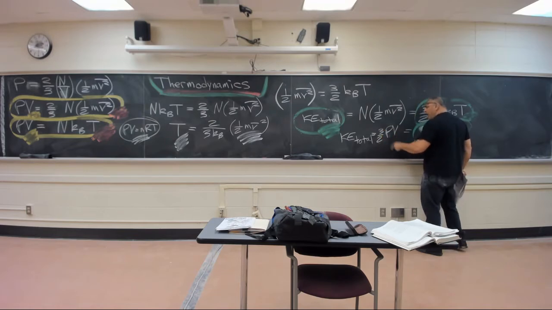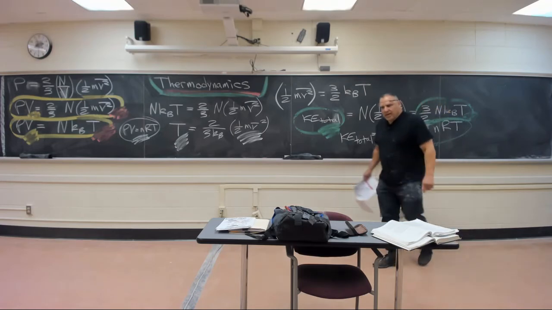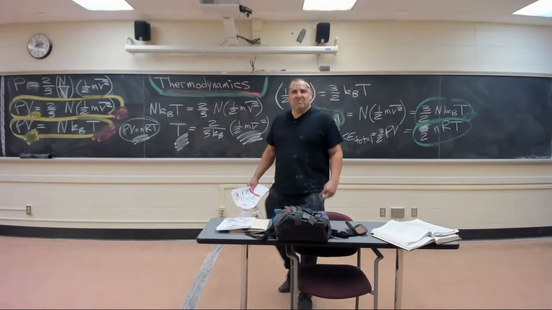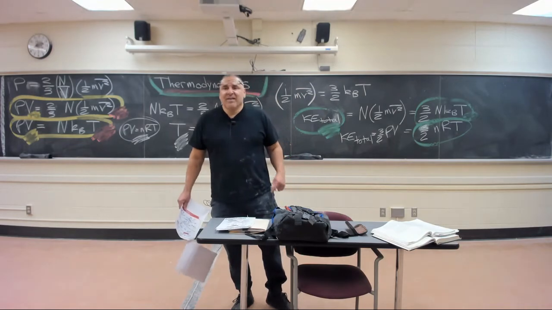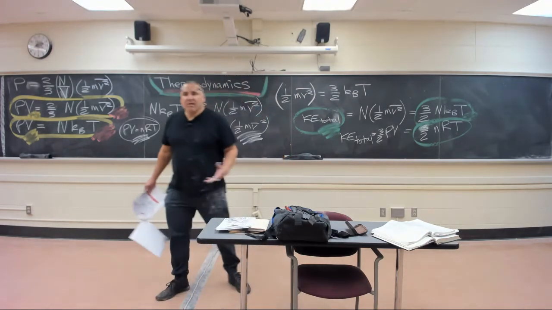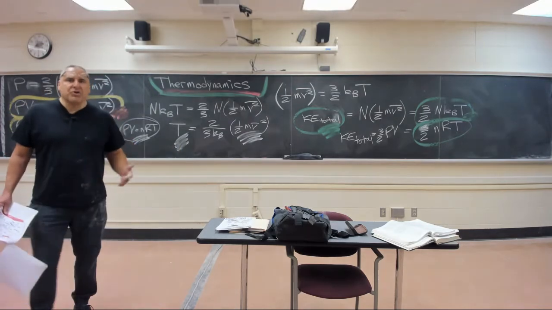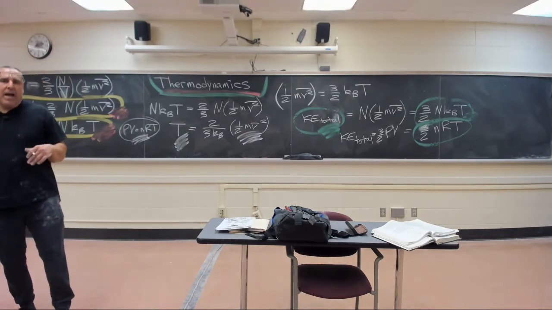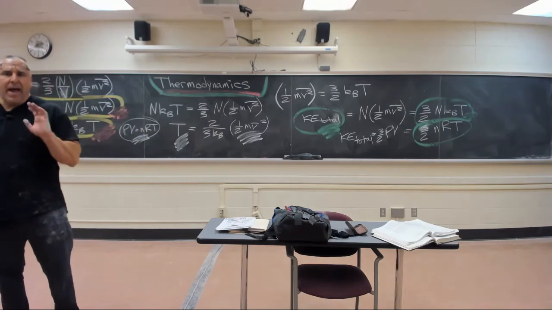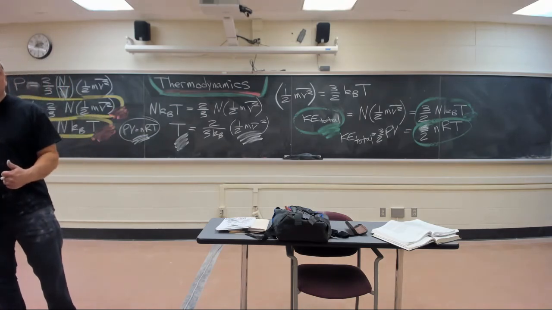Didn't we say that pressure is energy density, more or less? Pressure is the density of the energy in the sense that pressure is energy per volume. Energy per unit volume is pressure.